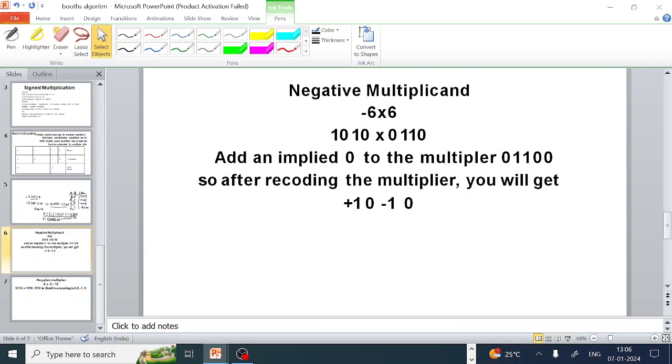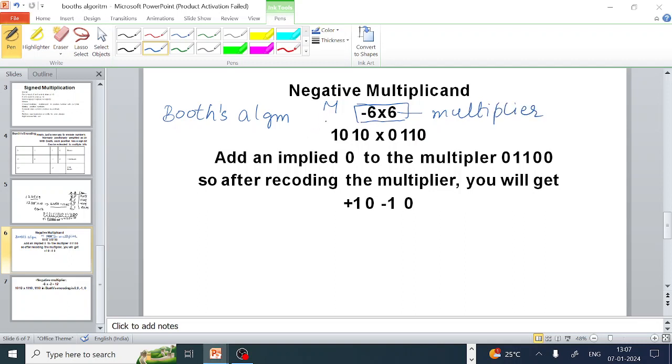So here first we will see a negative multiplicand. As I told you, Booth's algorithm works for both positive and negative numbers, and the multiplier or multiplicand could be a negative number. So minus 6 into 6: minus 6 is your multiplicand, and plus 6 is your multiplier.